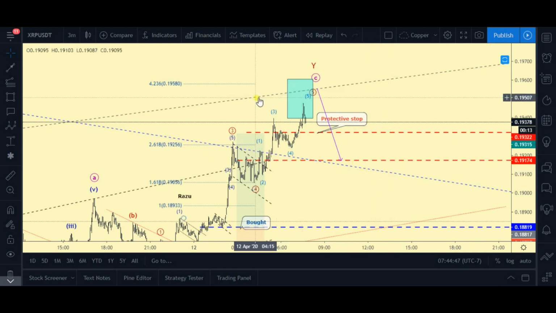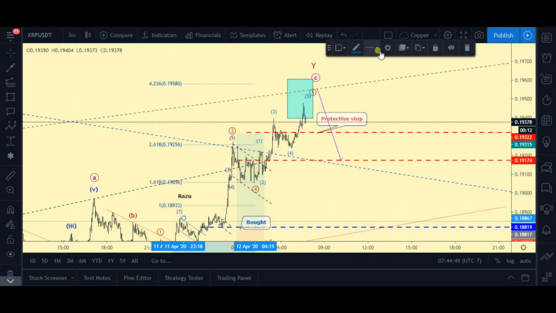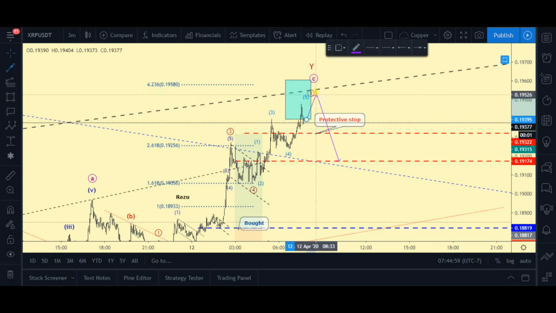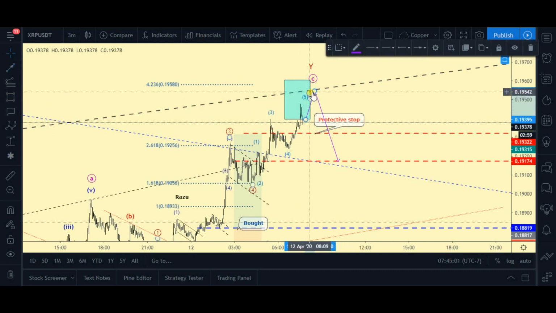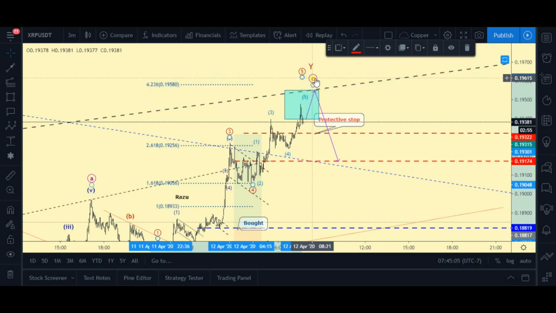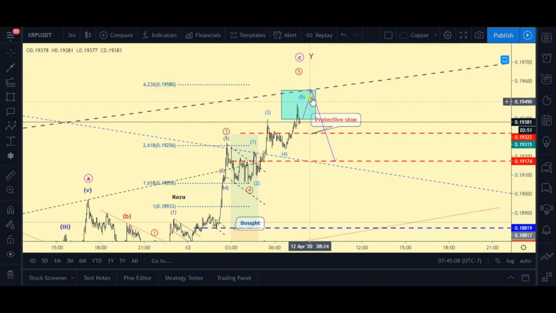But looking at this trend line right here, especially this trend line, I don't want to wait for much confirmation. So this could be a very strong resistance right here, and then the correction might follow.